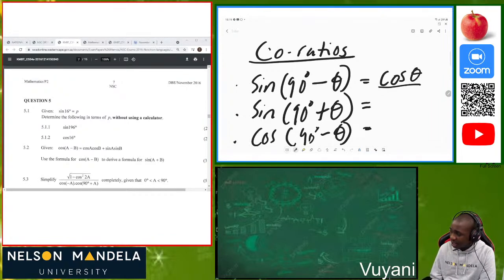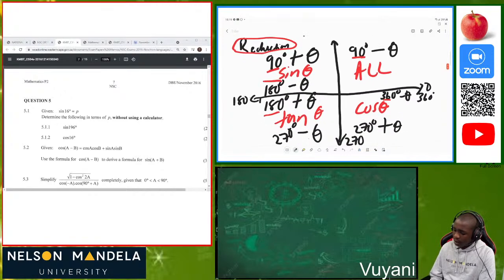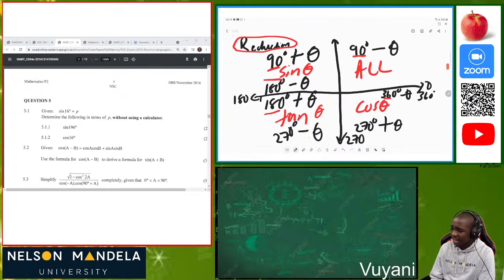Now, please don't forget to ask questions in the comment section if you don't understand. Going to the second one, sine of 90 degrees plus theta. The first thing, we look at what is in the bracket first. Then after that, we look at our reduction formula. So 90 degrees plus theta is in the second quadrant.